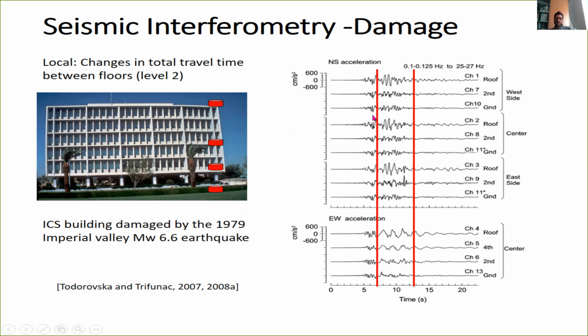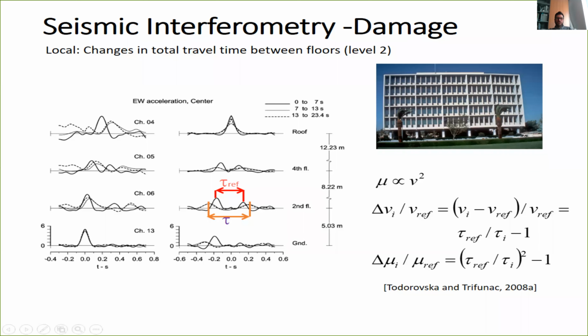But when I enter the strong motion phases, later, the results of the deconvolution can be different. For example, here you see at the beginning, between these two floors, the travel time between the upgoing and downgoing wave was relatively short.